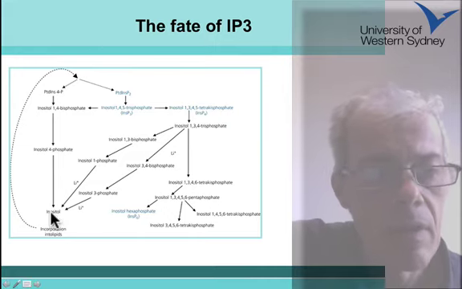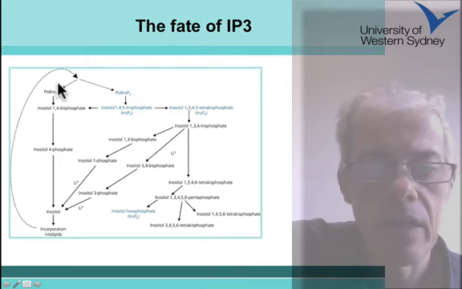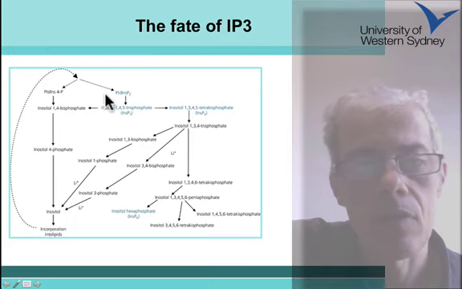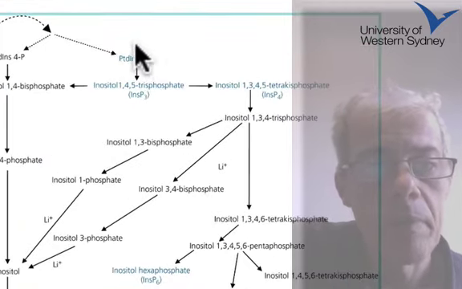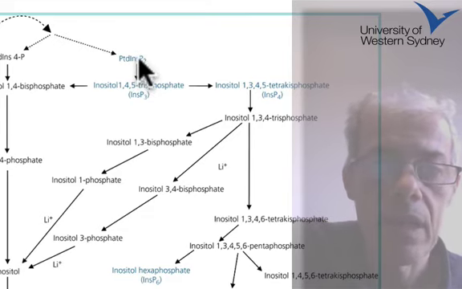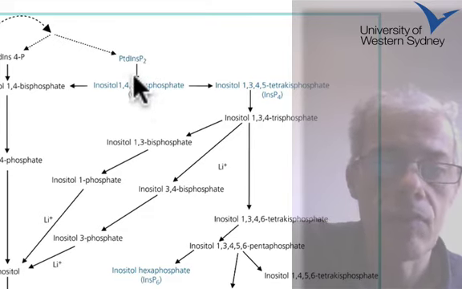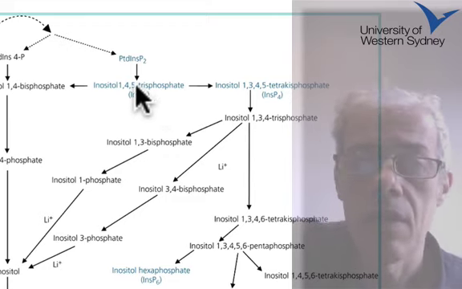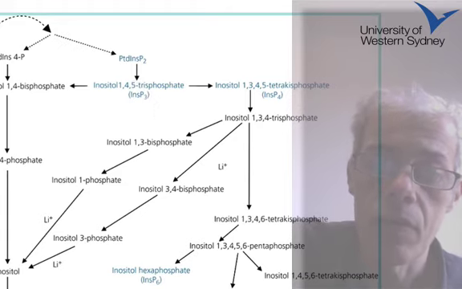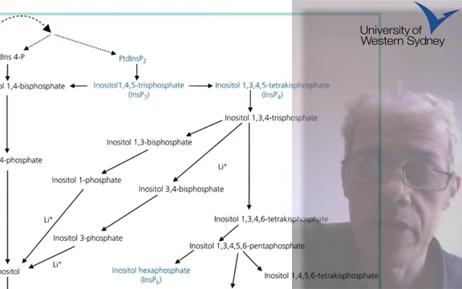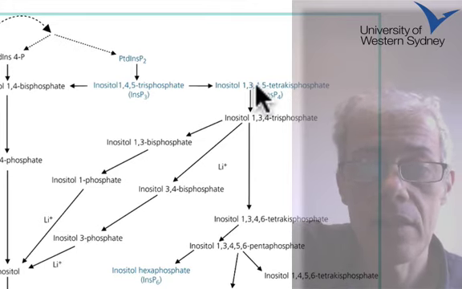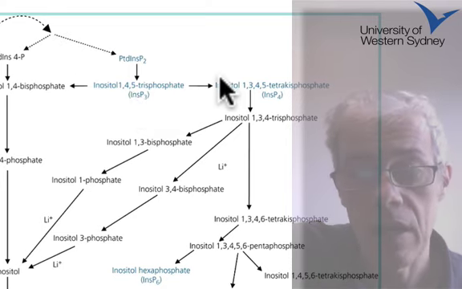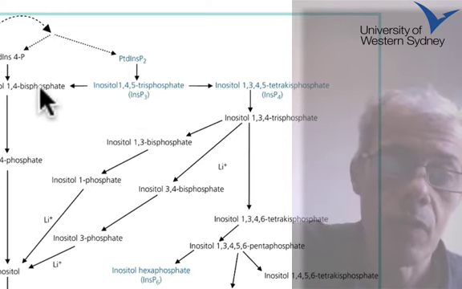So here we have sort of a flow diagram showing the metabolism of these phosphatidyl inositols. So here's our PIP2, which we've discussed can be cleaved by the phospholipase C to give rise to IP3. Now, IP3 not only can activate the release of calcium through the IP3 receptor in the endoplasmic reticulum, it can also be phosphorylated by a kinase to be additionally phosphorylated, or some of the phosphate groups removed.